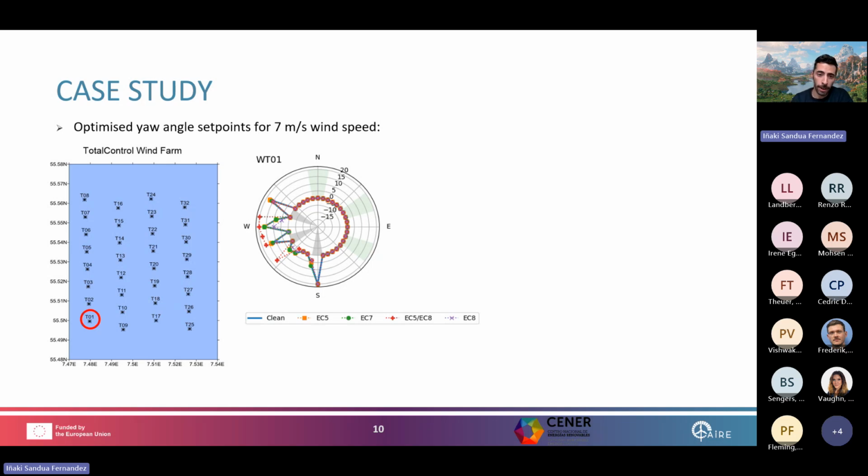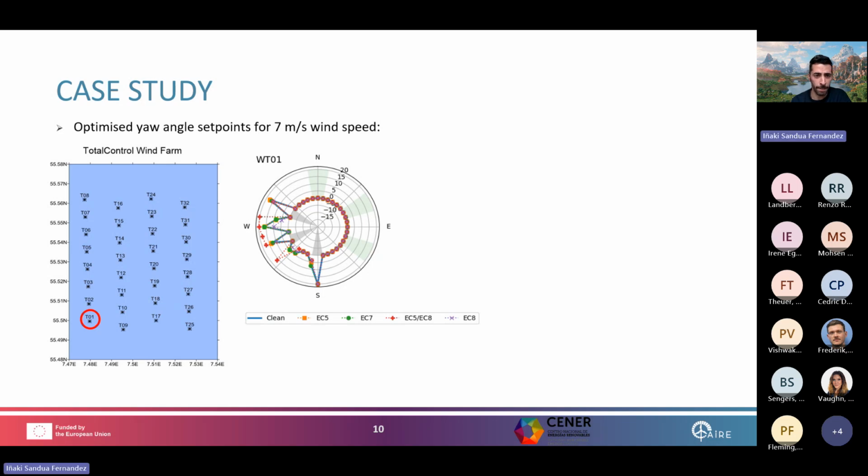And where there are wind turbines downstream, which is represented here by the gray shaded areas, the yaw angle set point takes non-zero values. And as we can see here, the yaw angles for the clean EC5, EC7, and EC8 configurations are very similar, but we see that there are some differences if we take a look at the mixed wind farm.